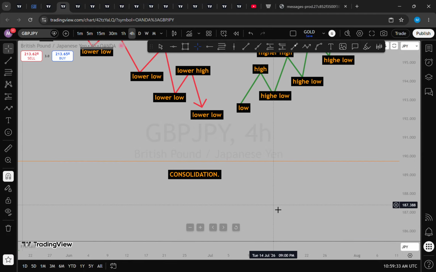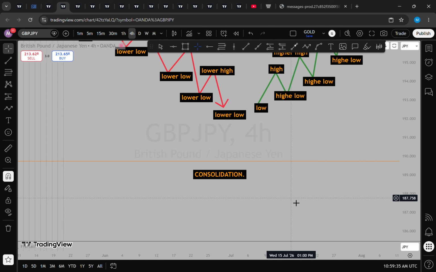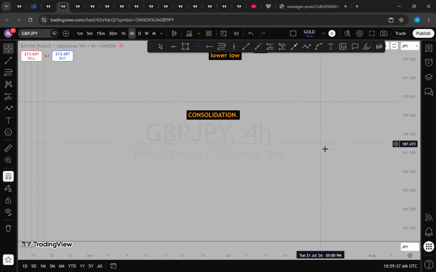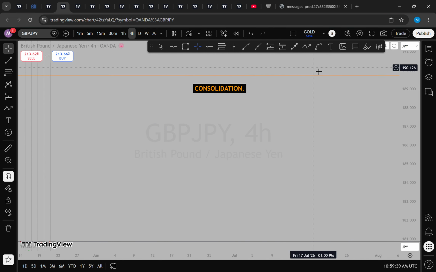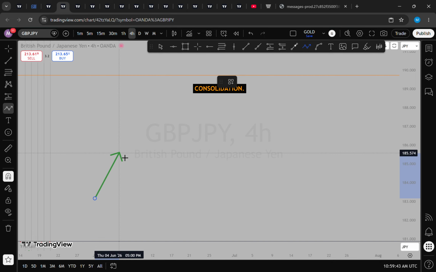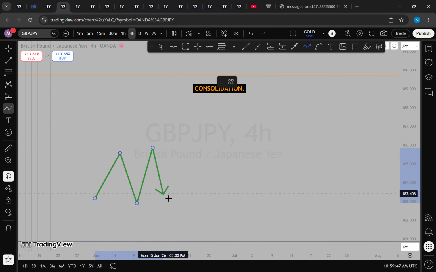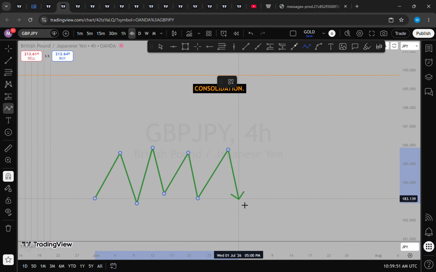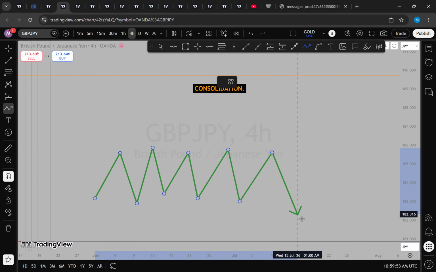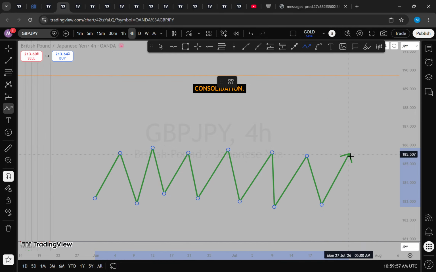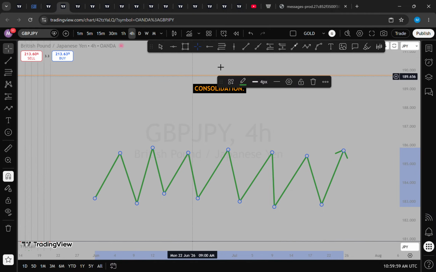Consolidation is always a sideways market. The market is not going up, it's not going down. When you see something like this, the market is shabby, just going sideways with no clear movement, not uptrend, not downtrend.